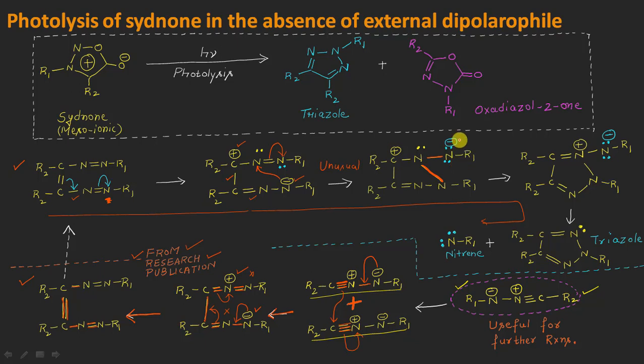Now if you look here and try to calculate the formal charge on this nitrogen atom, you will see that the formal charge is -1, because the formal charge is equal to the number of valence electrons in the free atom, the free nitrogen atom, which are 5 in number, minus the number of valence electrons in the bonded atom.